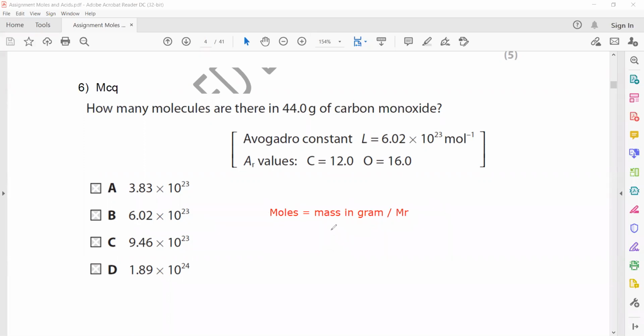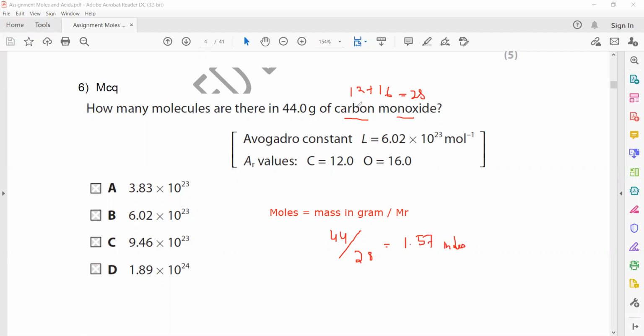The mass in gram, that is 44, divided by molar mass of carbon monoxide. So carbon is 12 plus oxygen is 16. That will make 28. So 44 divided by 28, we'll get the moles, which is 1.57. So 1.57 are the moles for carbon monoxide.